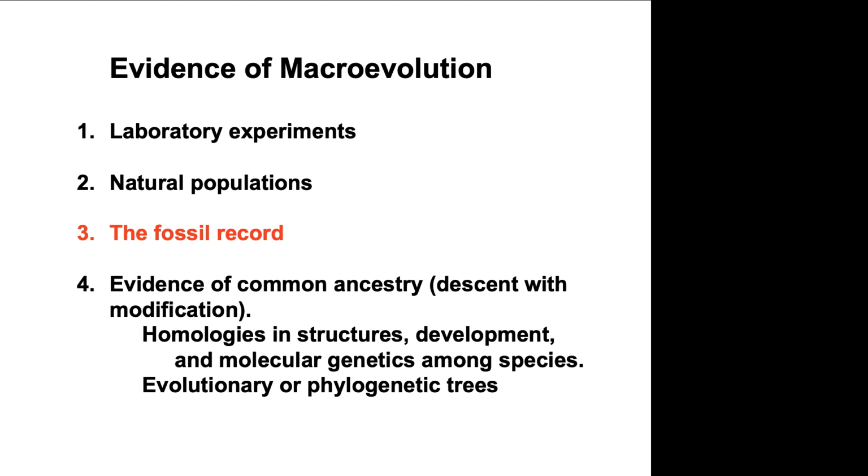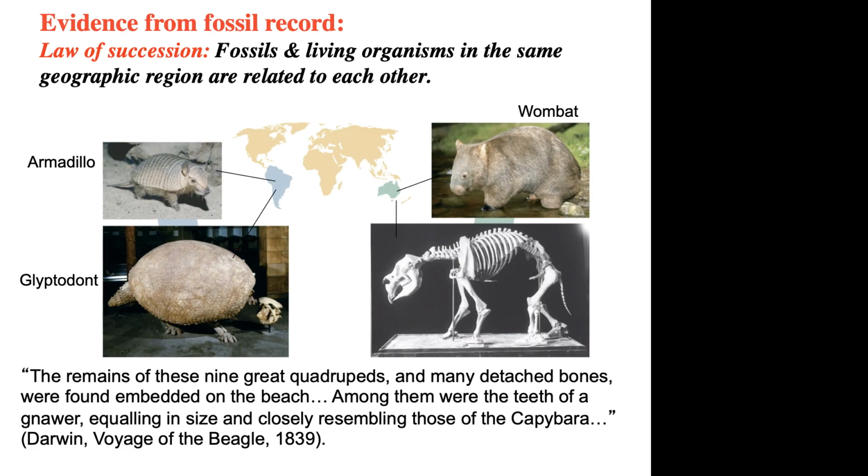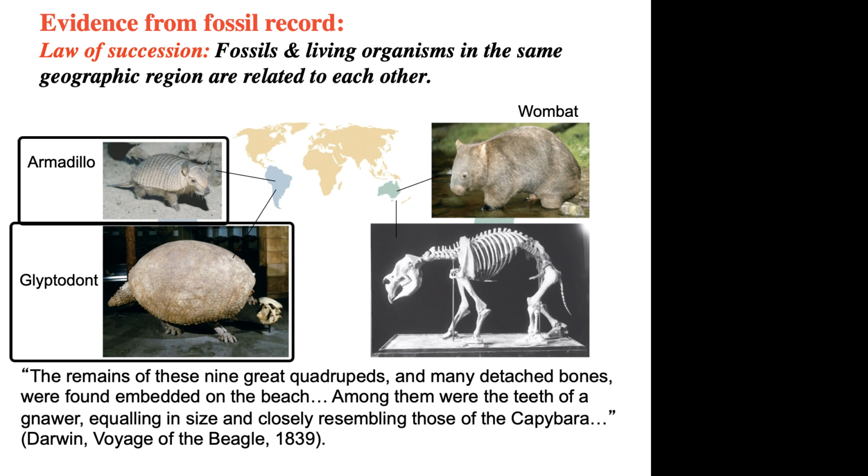So the fossil record is full of evidence for macroevolution, including reptiles, dinosaurs, birds, humans, etc. And here's one I discussed in a previous lecture, where you have in South America fossils of glyptodonts that are the ancestors of the modern day armadillos. And there are several stages of these, so that you can find many examples of the same bones, same morphology, then evolving into what has become the armadillo.